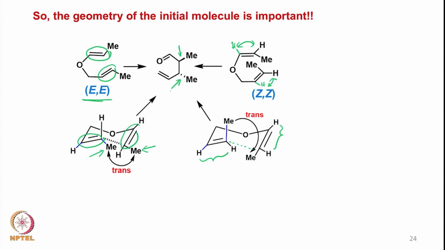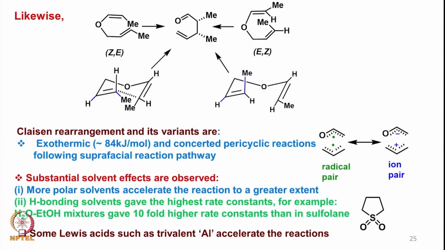So this is how it is coming here. So EE gives the similar type of product as ZZ gives. This is an interesting thing of course, and therefore the geometry of the initial molecule becomes very important.